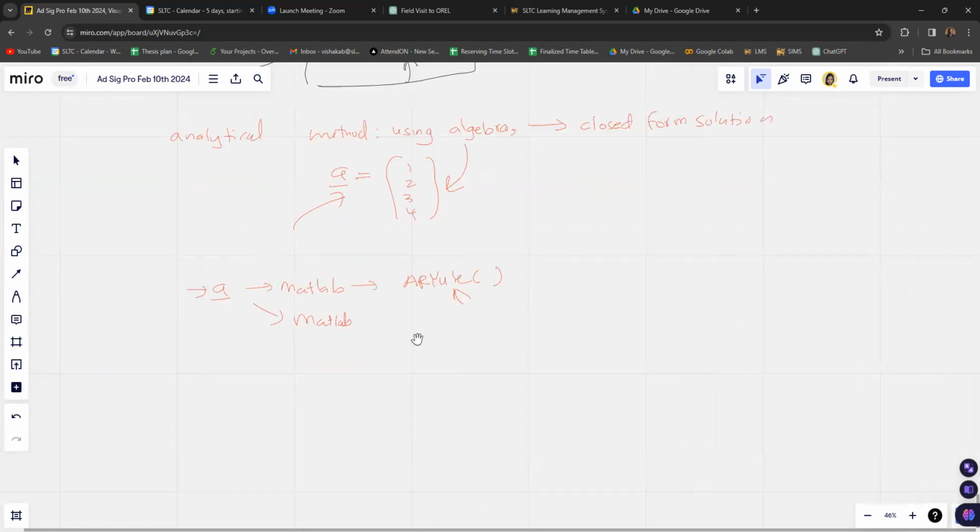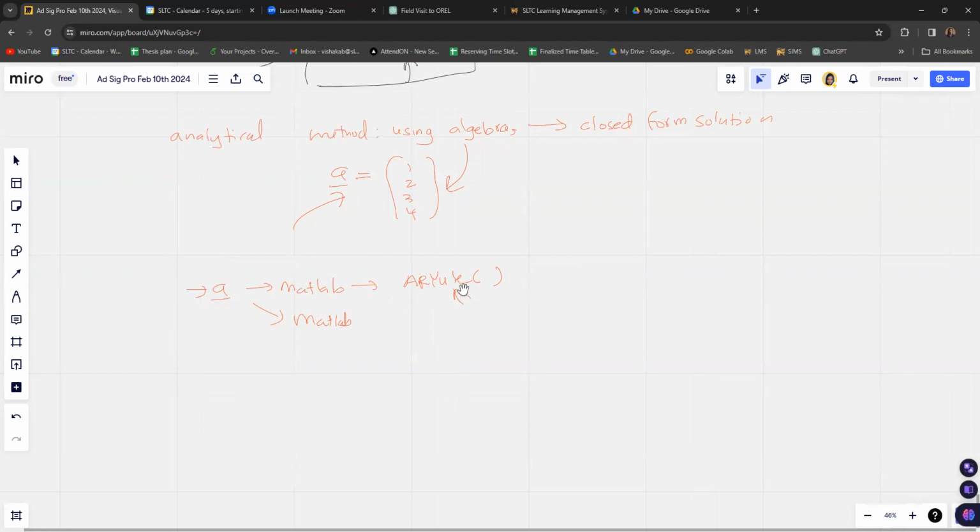If we have the MATLAB commands or MATLAB environment, that also can be used to find these values of A. Of course, that will use numerical methods, because MATLAB will use iterative calculations of the parameters in its tools, and it will iteratively calculate the values of A and give a value of A which is the most optimal value.